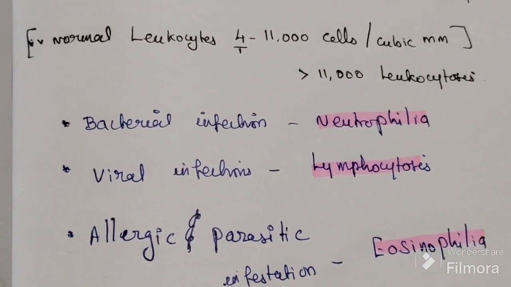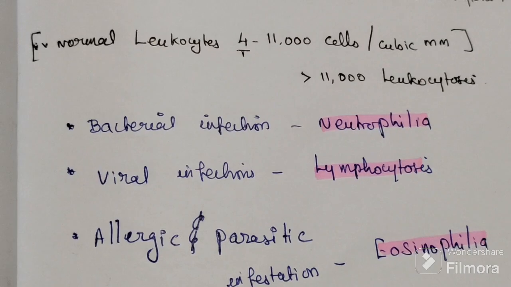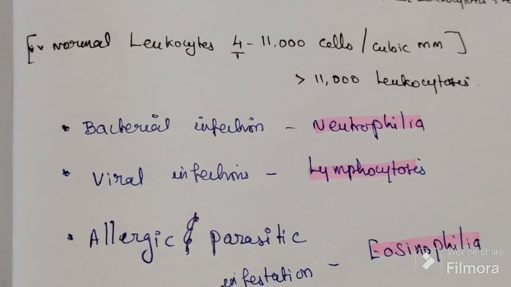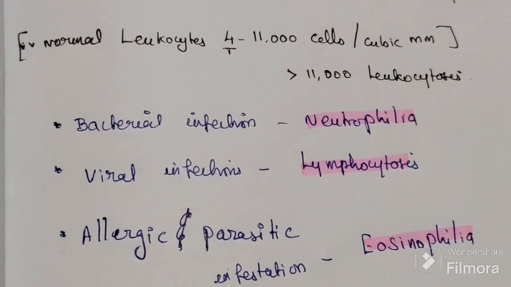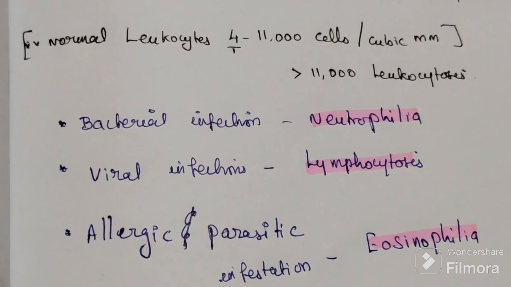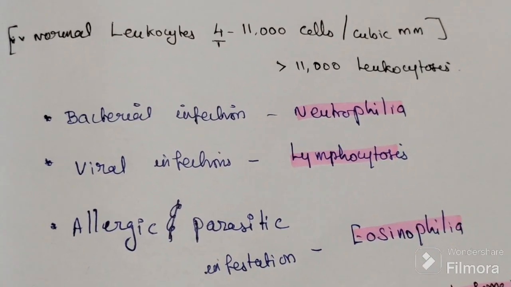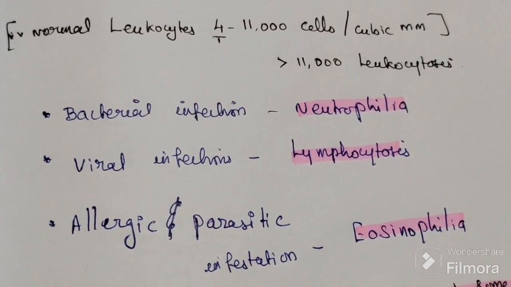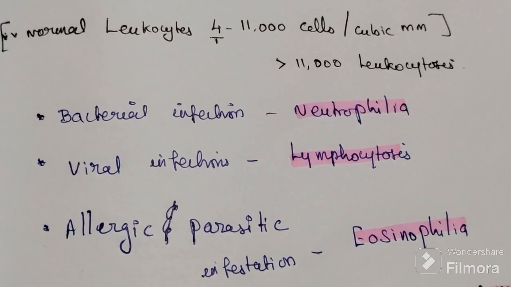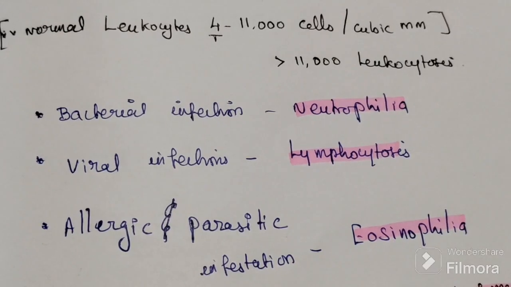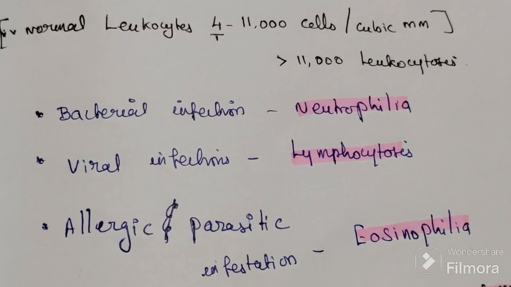Bacterial infections are the ones which can give rise to neutrophilia. Viral infections are the ones which can give rise to lymphocytosis. Bacterial infection, neutrophilia; viral infection, lymphocytosis.